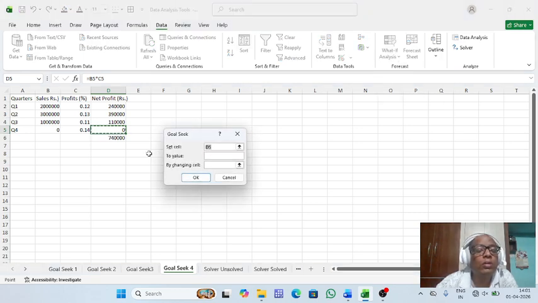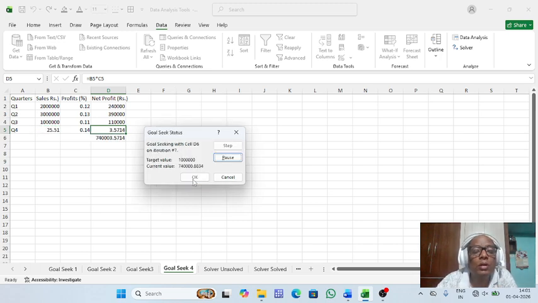Select this cell D6, and the value we want is 10 lakhs, by changing this cell. Set cell means we are setting D6 to 10 lakh rupees, by changing the sales amount. Click on OK.